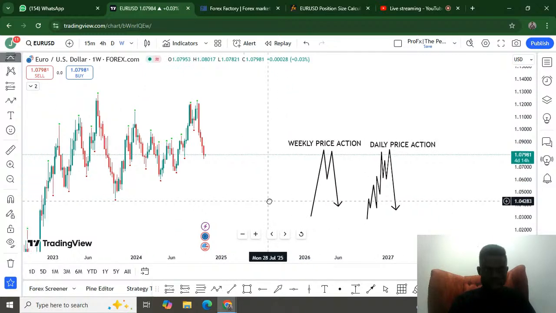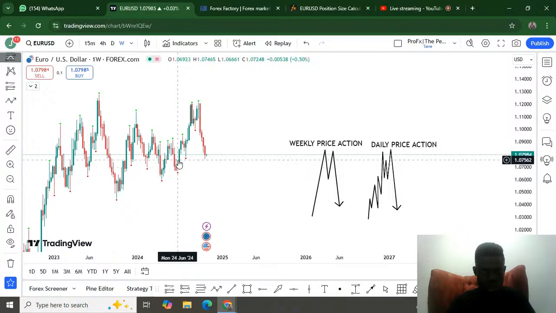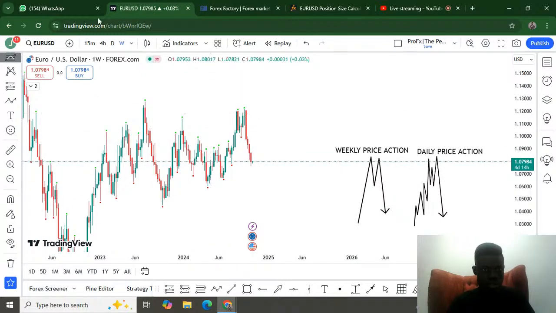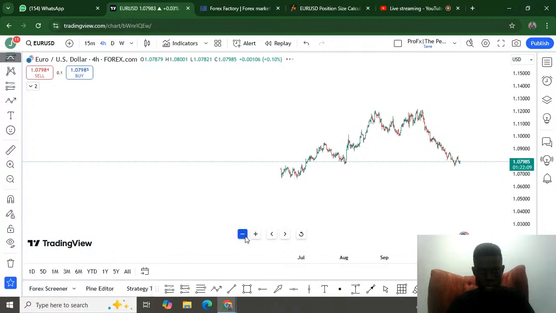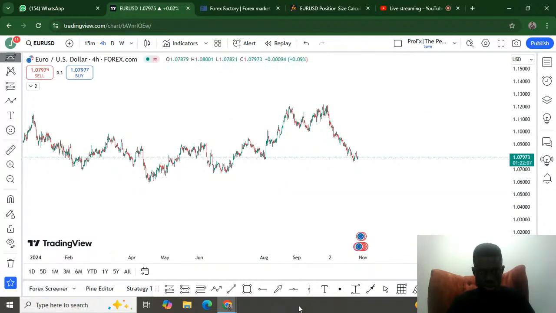Right. So 4 hours now. From 4 hours, let's do the same thing in 4 hours. So 4 hours, we now have this structure. We are picking, remember, we are picking the swing points.